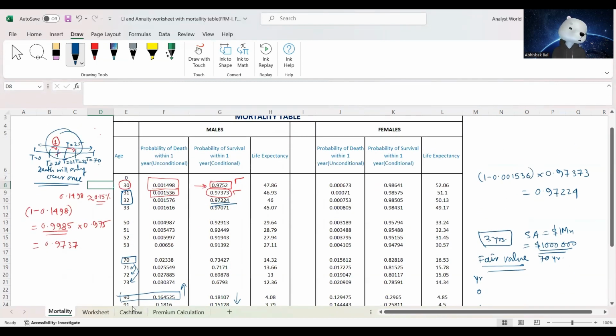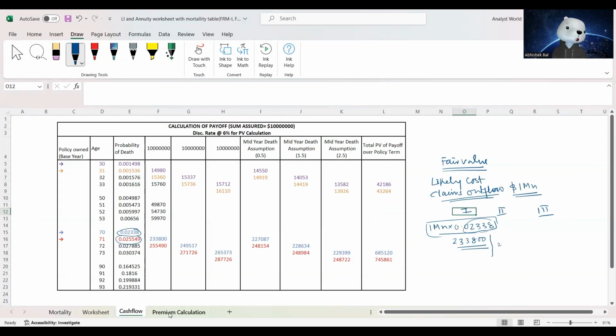So if I were to die in the second year, that surely means that I survived the first year. So when we have to find out the likely claims outflow in the second year, that has to be probability-adjusted and conditional on the fact that the person survives the first year.